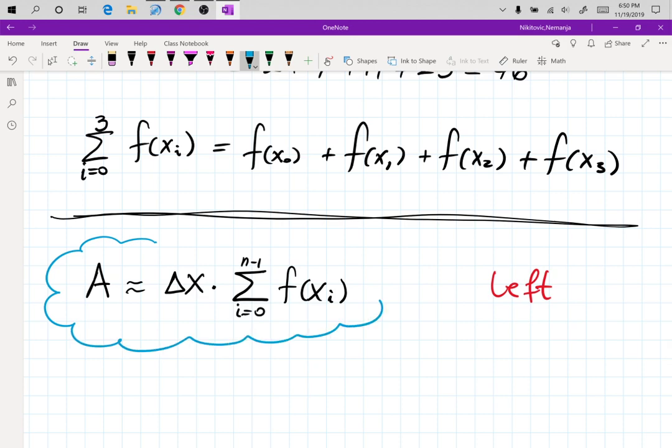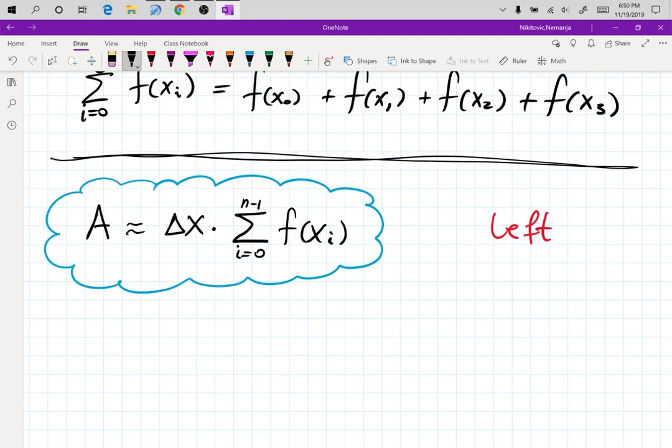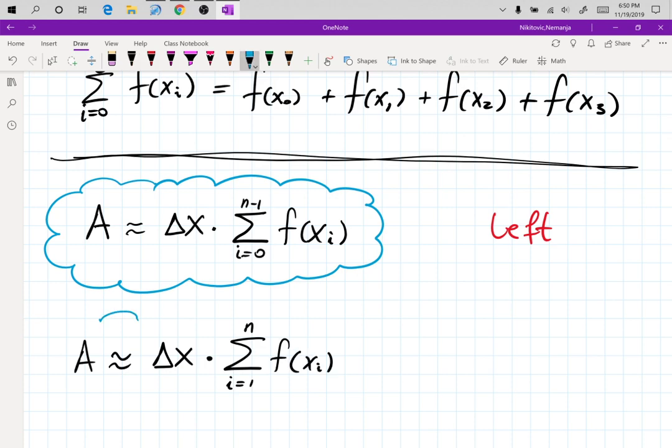Why is it the left-hand side? Because I'm using x0 and I'm ending with x_(n-1). That's the left-hand side. For the right-hand side, we have area is approximately equal to delta x times the summation, i goes from 1 to n this time, and then we have f of x_i, and these are the right sums.